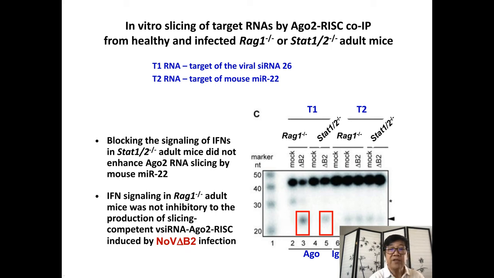So this suggests that blocking interferon signaling in STAT1, STAT2 knockout mice does not enhance production of slicing competent viral siRNA AGO2 complexes.